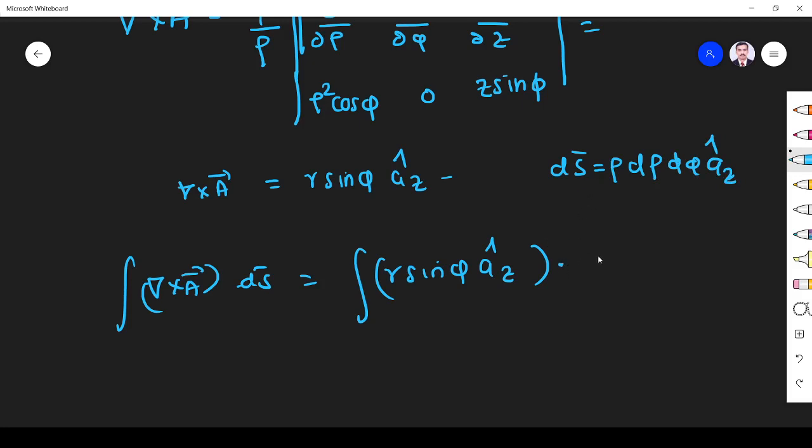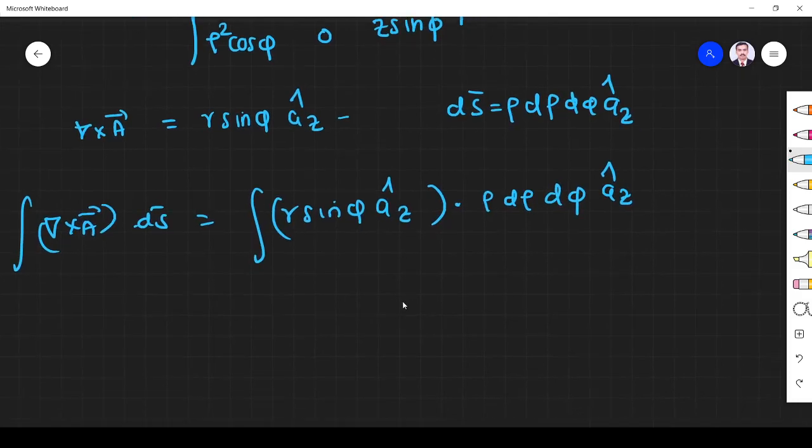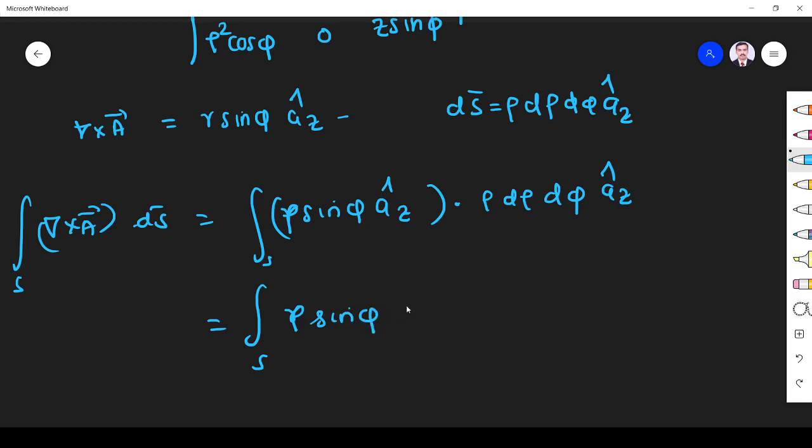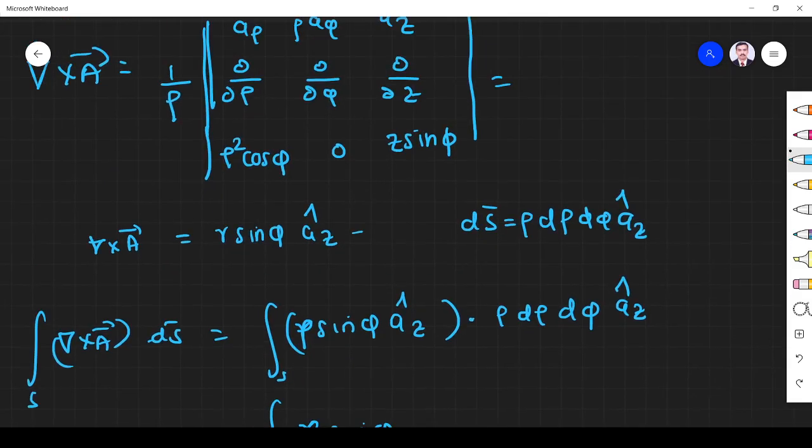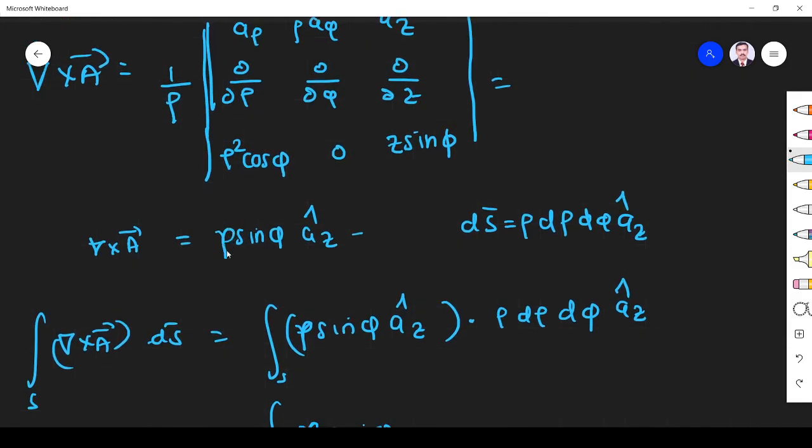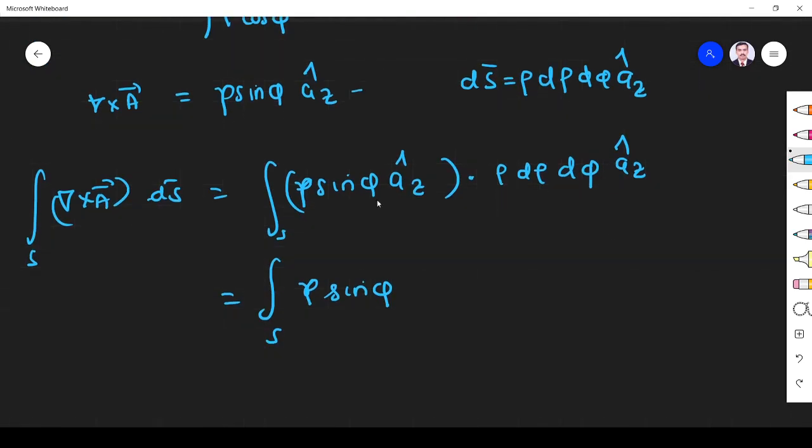So instead of ds, you substitute rho d rho d phi a_z. This is a surface integral, don't forget. a_z dot a_z is 1. Everywhere it is rho, don't put r. I changed the problem, I didn't use r, I used rho. So rho sin phi times rho d rho d phi.